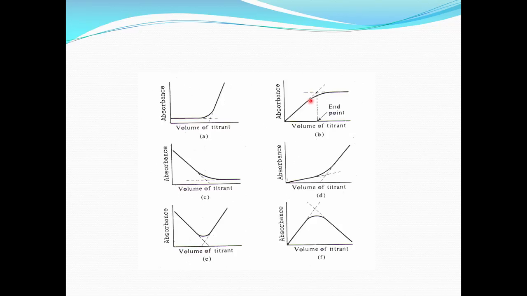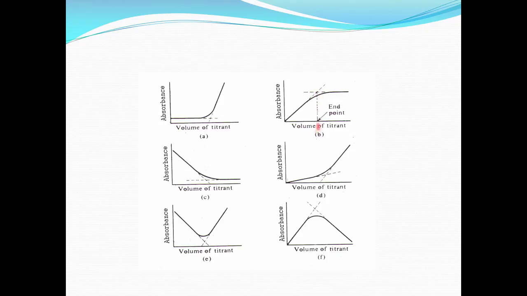In that case, the absorbance of the complex in the titrant will remain constant. So, part B is where the complex keeps on forming, but once one of the components is used up, the absorbance will become constant.